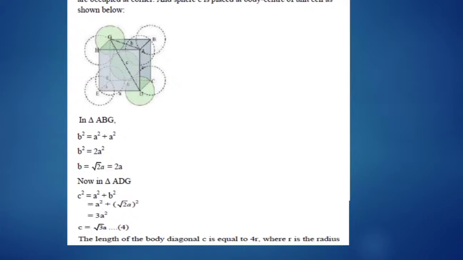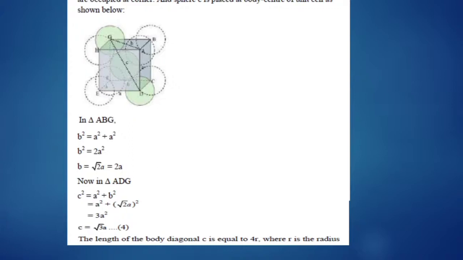Now another triangle is considered, ADG. c square is equal to a square plus b square. a square plus b square, with b being square root of 2 a, whole square. It will be 3a square. c is equal to square root of 3 a.